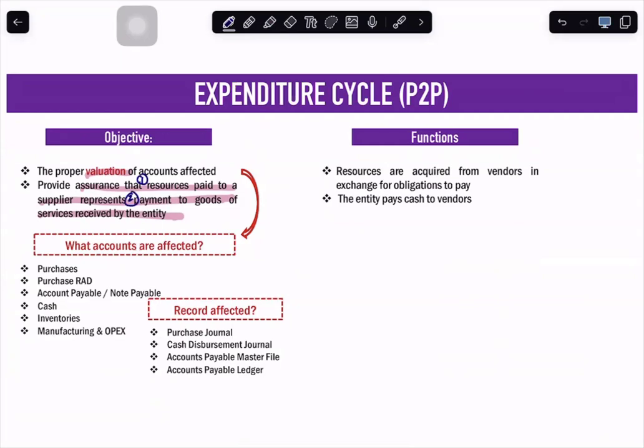So first, valuation. So since this is expenditure, it could be expenditure that is part of your cost of goods sold or part of your operating expenses. If that is part of your cost of goods sold, we have your purchases, we have your purchase returns, allowances, and discount. At the same time, when we say cost of goods sold, we have an ending amount for your inventory. Next, for your OPEX, these are your different operating expenses.